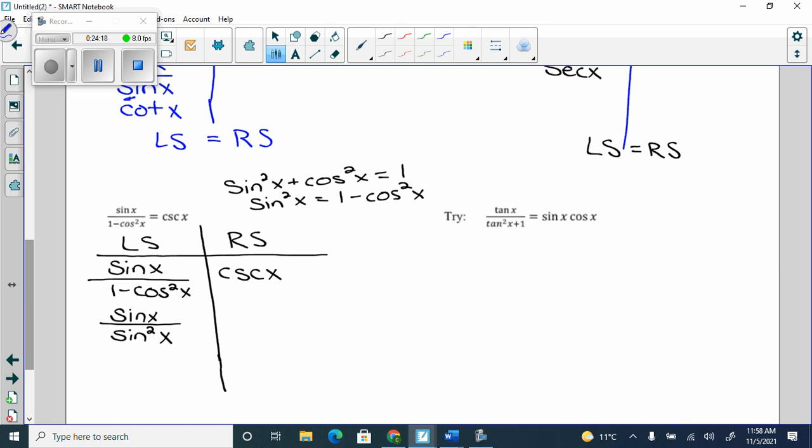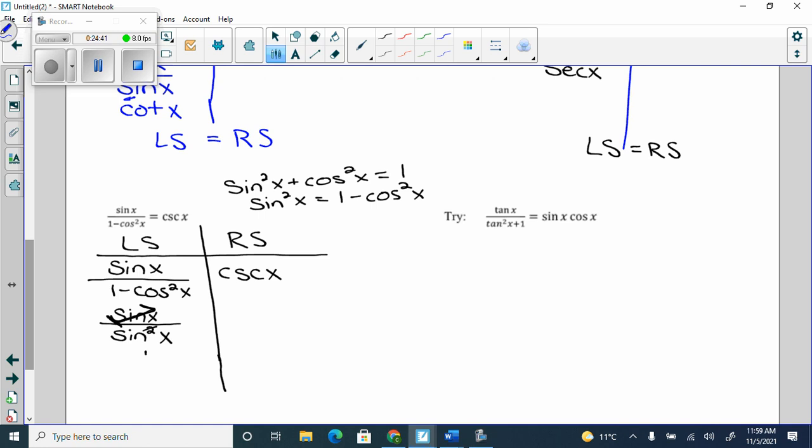Because this sine squared x is just sine x times sine x. That's all it is, correct? So this can cancel off the sine x on top because there's no plus or minus signs in here. If there were plus and minus signs in here, we couldn't do this. There isn't. When the numerator cancels, what's still left? A really large slanted 1. Do you see when these cancel off? They're just slanted ones.